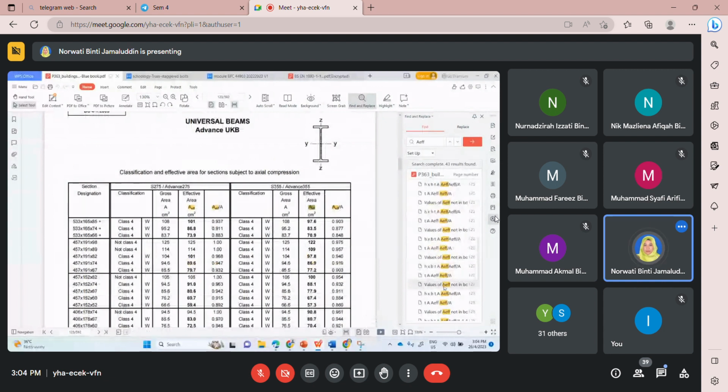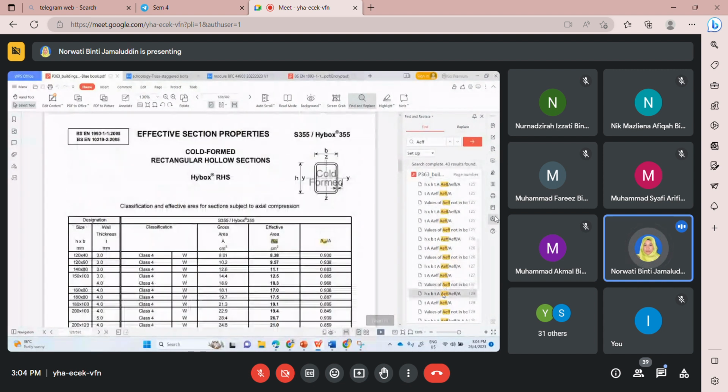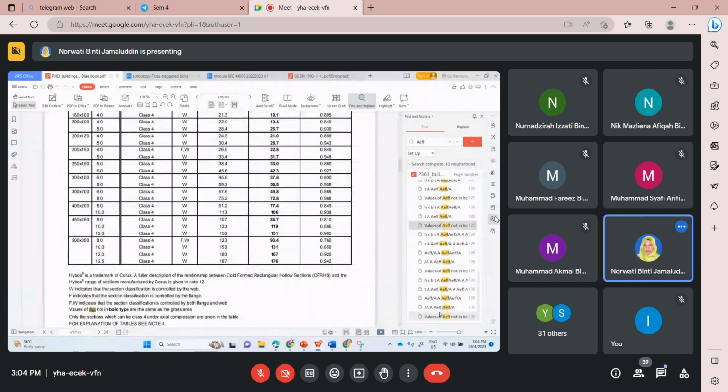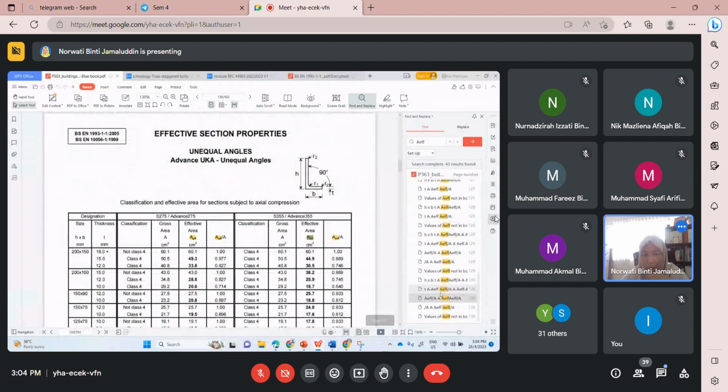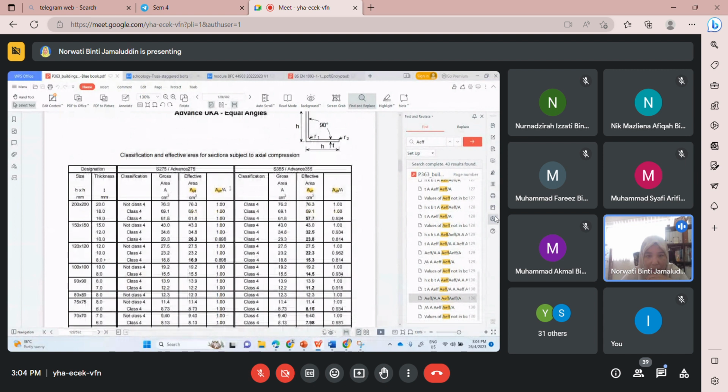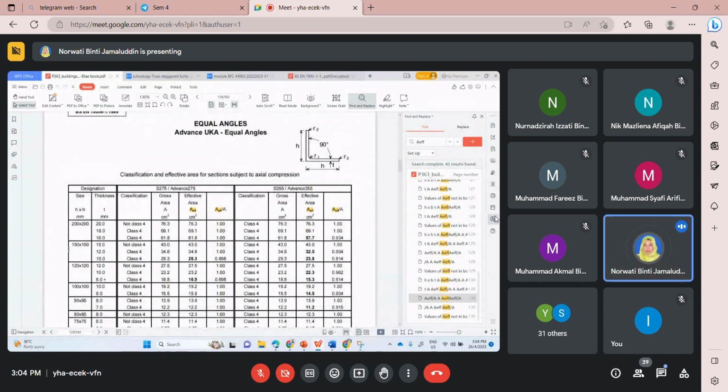Angle. Where is the angle? This is I section. Okay, angle. This is unequal angle. Using equal angle, size 15, 43. But this is equal, this is gross area.